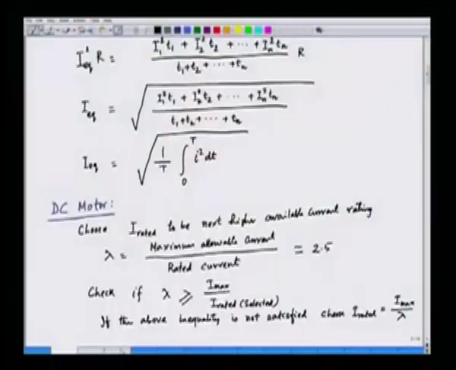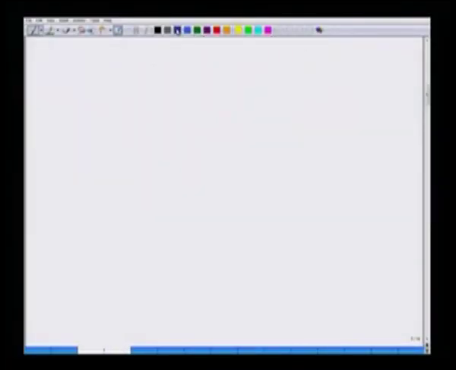What about induction motor? In induction motor, we are not bothered about the commutation, because commutation does not happen in induction motor, but we are bothered about the breakdown torque or the peak torque. So, let us see how we select the motor rating for induction motor. Right now we will be discussing about induction motor.